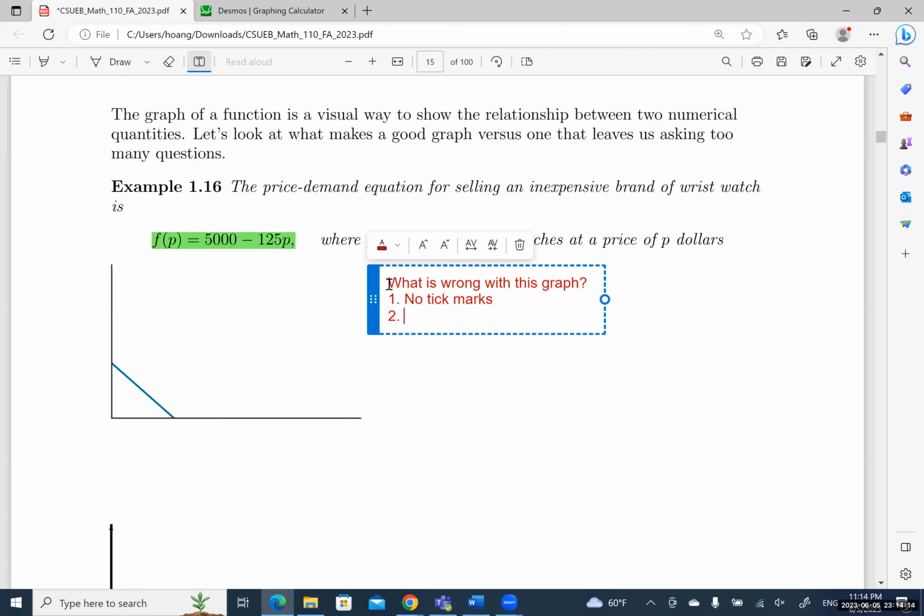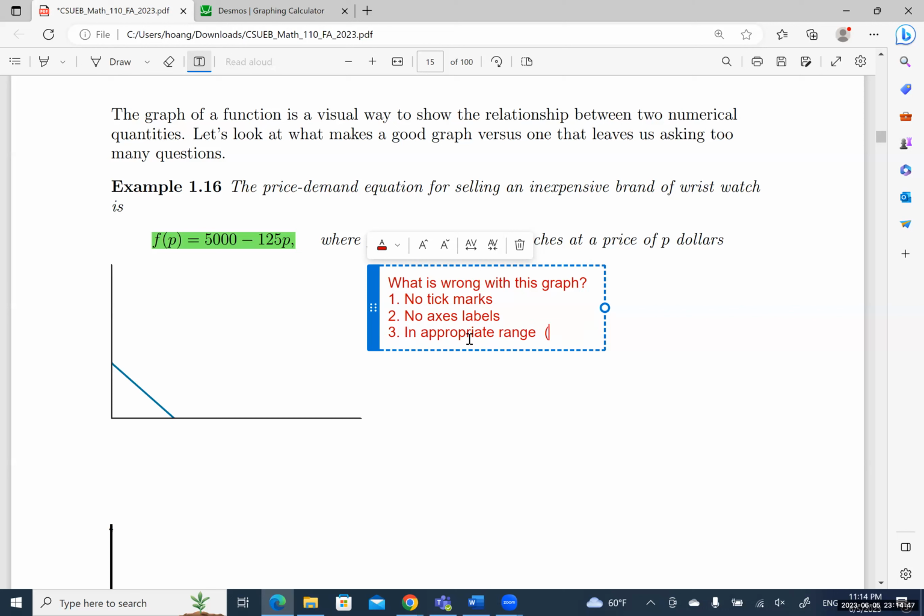It doesn't have axis labels, so no axis labels. And I would say inappropriate range.